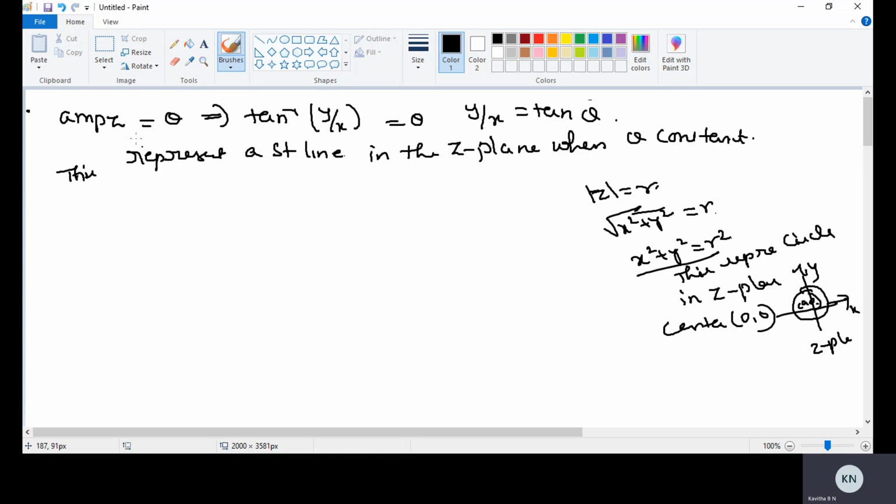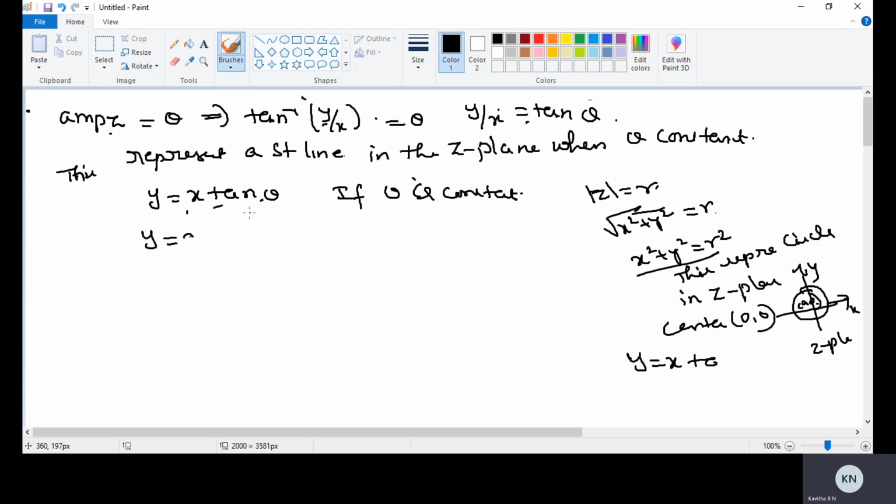Then come to this point. Amplitude of z, theta is equal to tan inverse of y by x is equal to theta. y by x is equal to tan theta, means here y is equal to x tan theta. If theta is a constant, tan theta is a constant only.